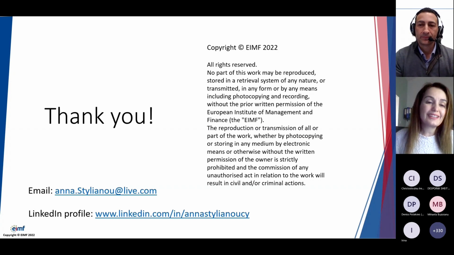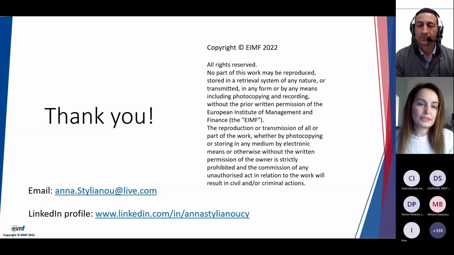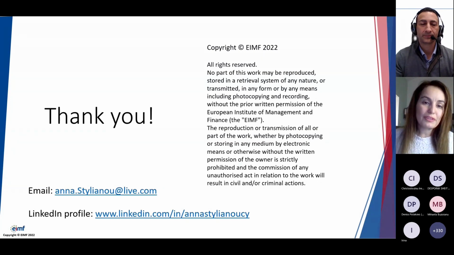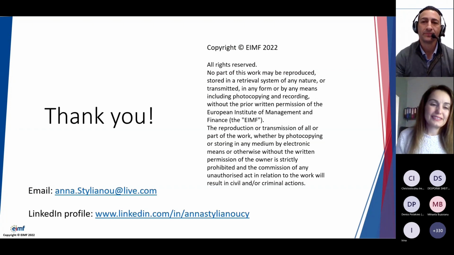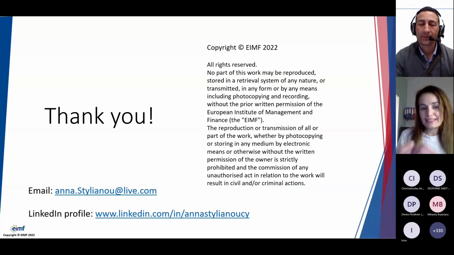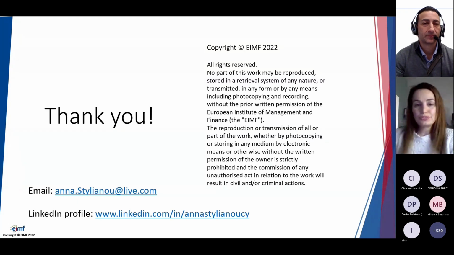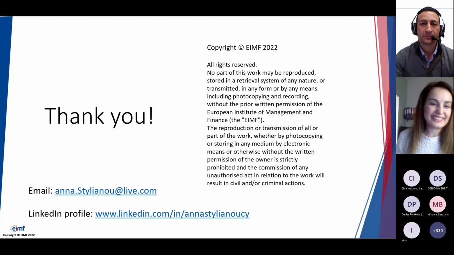So we cannot mitigate the risk to zero. And we need to know that and include that in our risk management policy, to realize that this is a risk that exists and will always exist, because the more these tools are improved, the more criminals improve their methods. They always stay one step ahead.